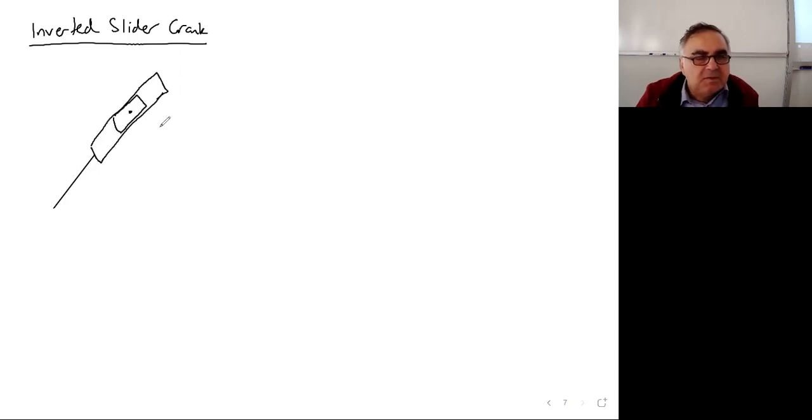This is a slider crank mechanism, but an inverted one, which means that the slider is moving inside a rotating link. So it is something like this.